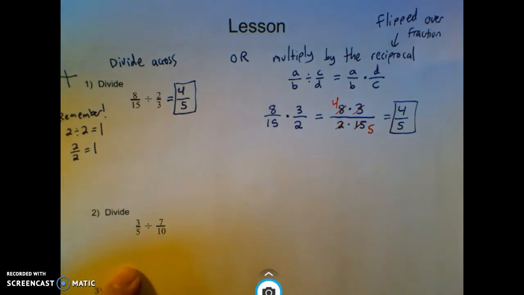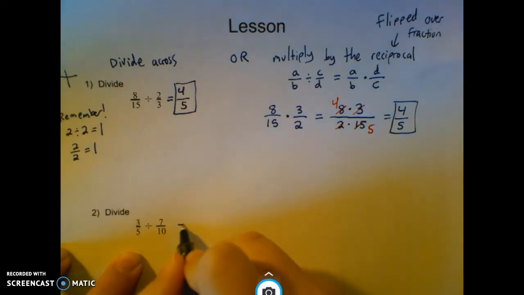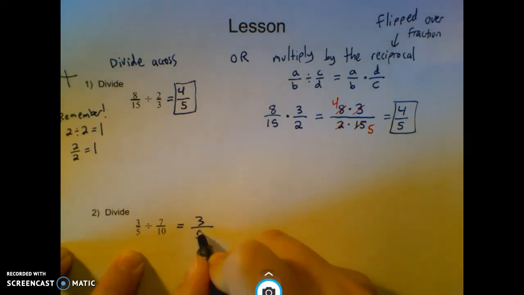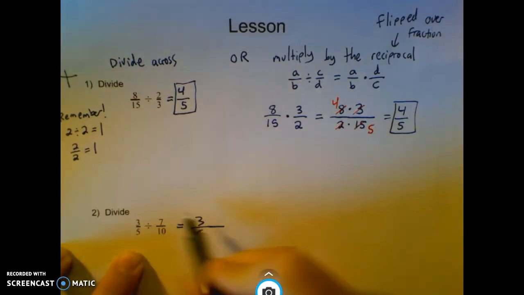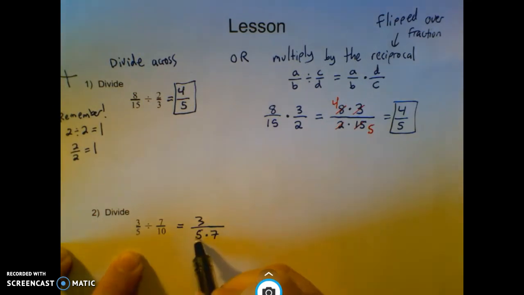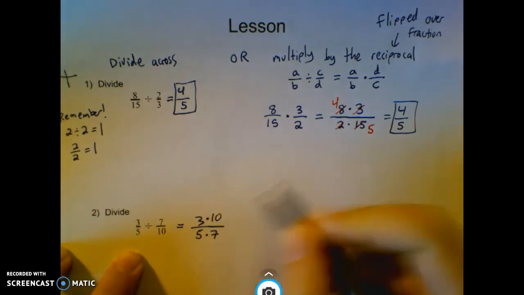So when we're dividing fractions, if we turn to this problem down here, all we're doing when we multiply by the reciprocal is that we're thinking of this as dividing up and down instead of side to side. So here I've got 3/5, and I'm going to do 3 divided by 7 and 5 divided by 10.